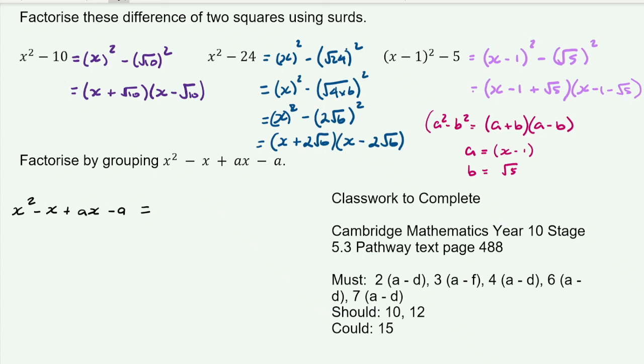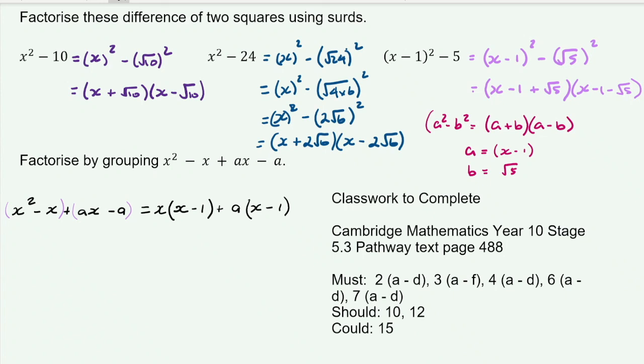Alright, I'm going to put the groupings like this. And then I'm going to factorize individually. So x squared minus x, I'm going to factorize that out. We're going to have x outside of x minus 1. And then I'm going to have a, because that's common, x minus 1.